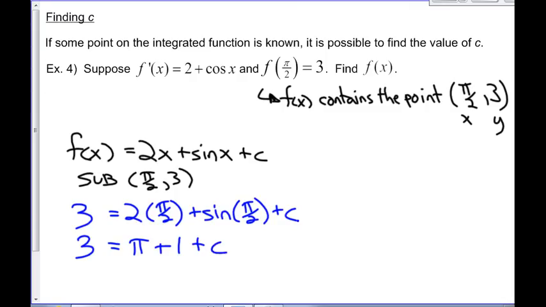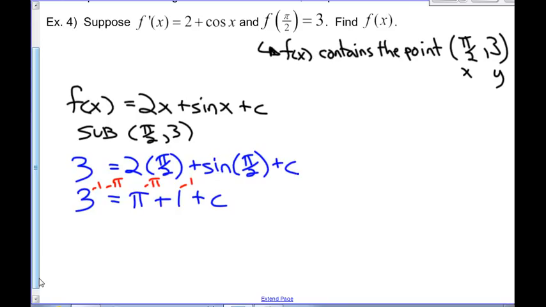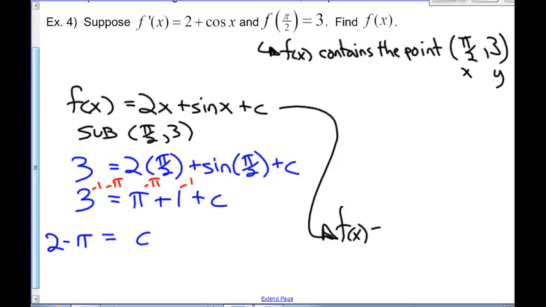I'm going to figure out what c is. So I'll subtract 1 from each side, and I'll also subtract pi from each side. So c is 2 minus pi, meaning that the actual function must be 2x plus sine x.